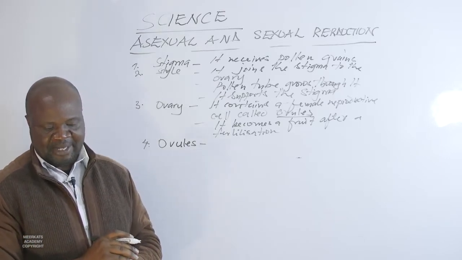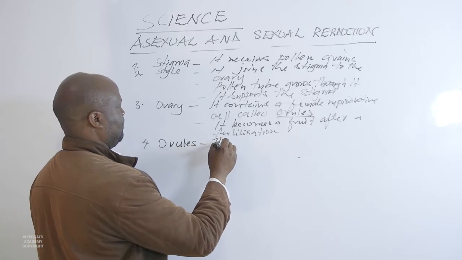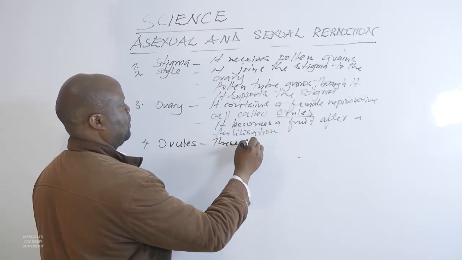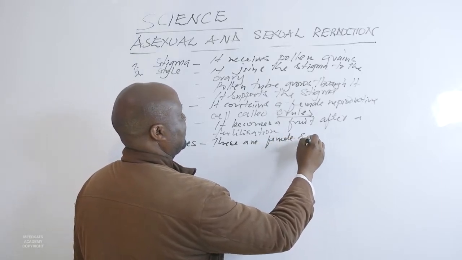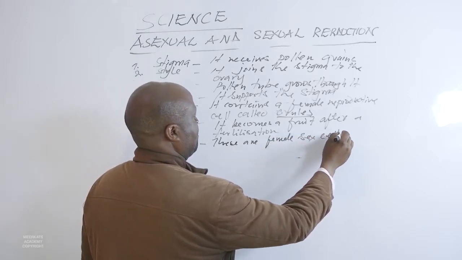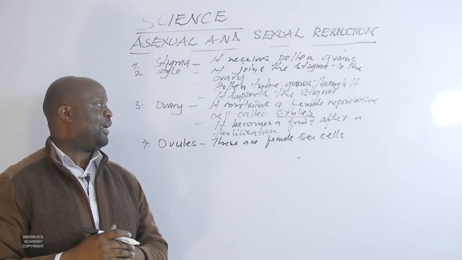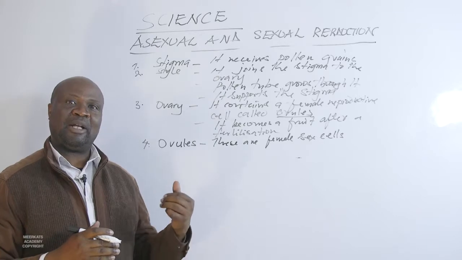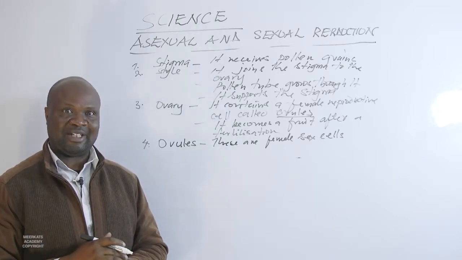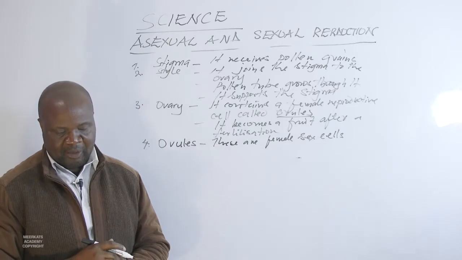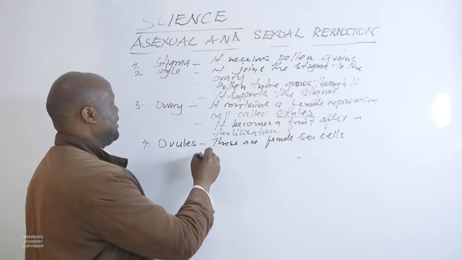Ovules are female sex cells. These are female sex cells that combine with a male gamete in a process called fertilization. Then they become seeds after fertilization.